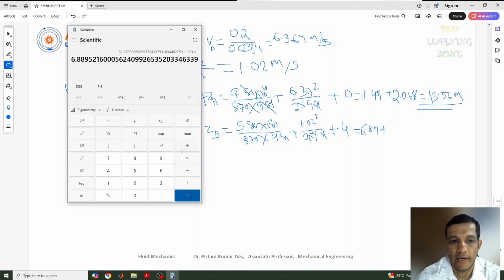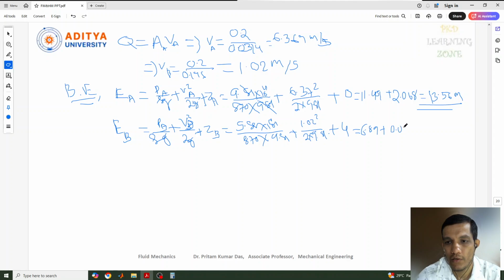Now the velocity head: 1.02 into 1.02 divided by 19.62 gives 0.053. Plus 4. If you add all these, 6.89 plus 0.053 plus 4, it comes to 10.948 something. This is in meter.